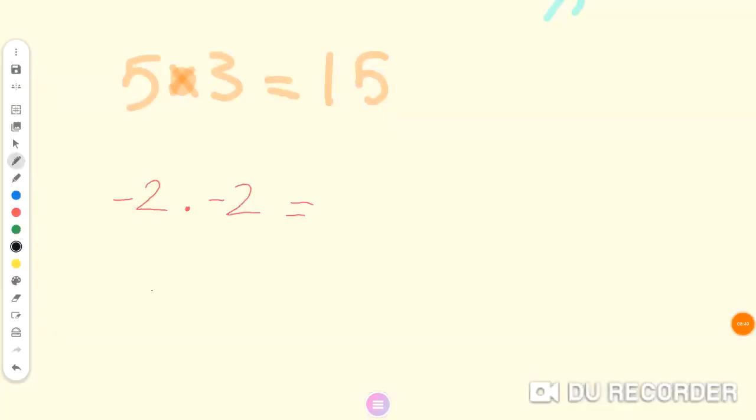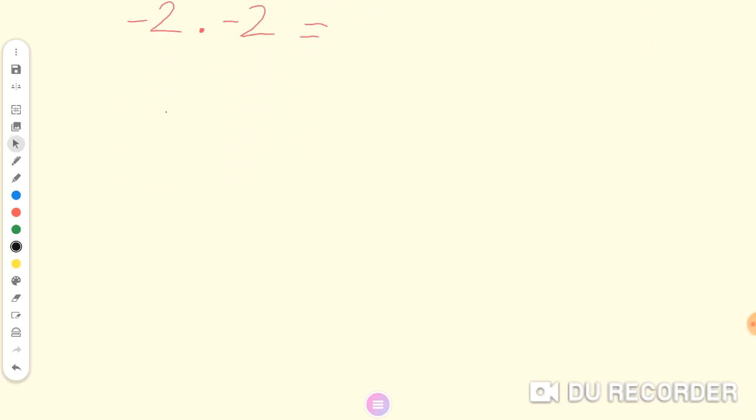Before I move to the number line, I want to state a very important fact. If I want to multiply a positive number with a negative number, do you know the additive inverse?